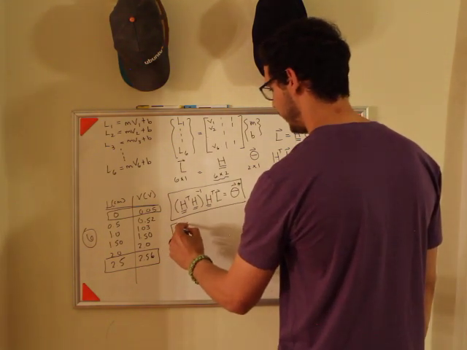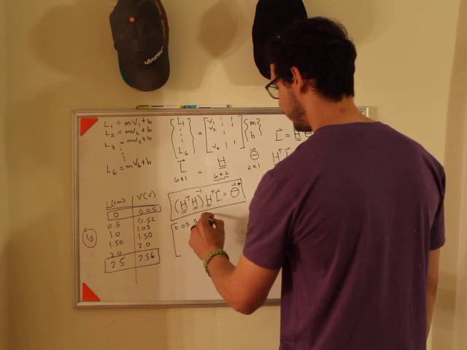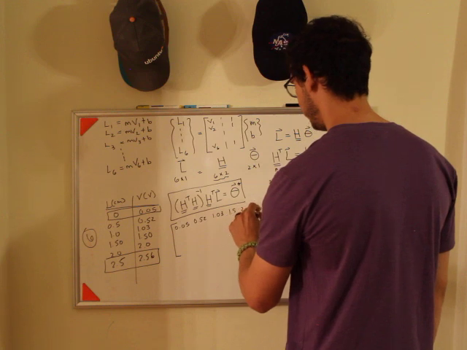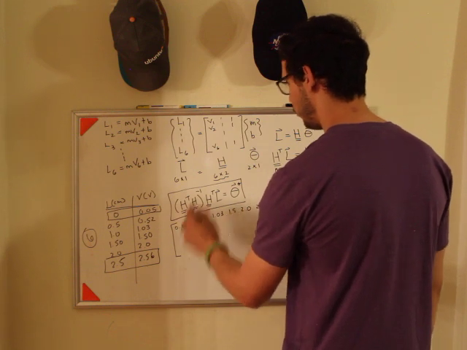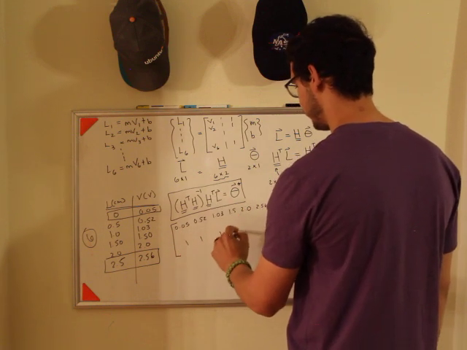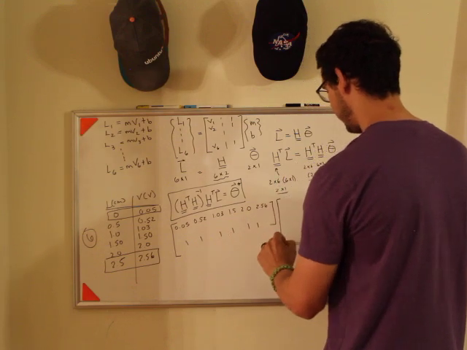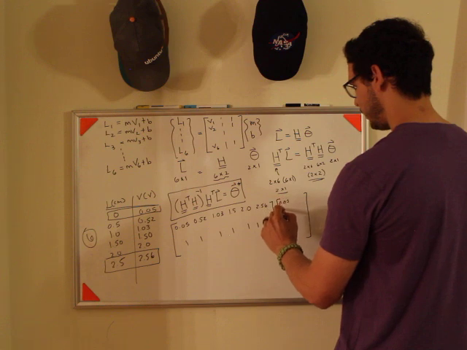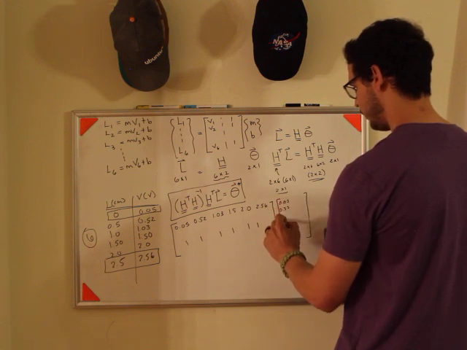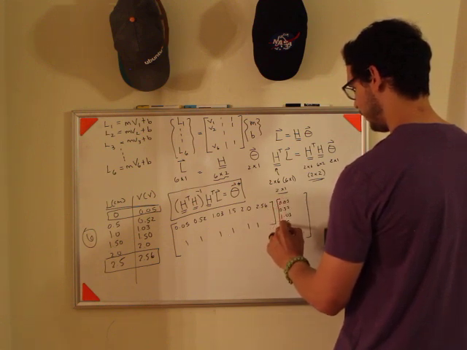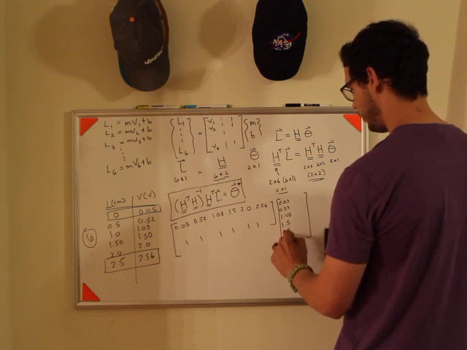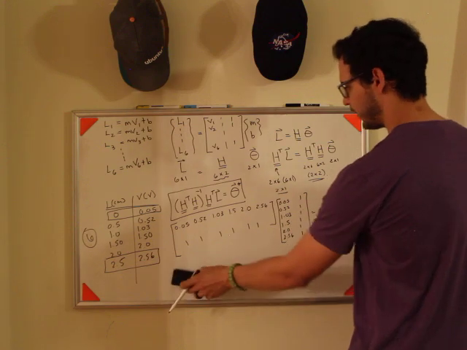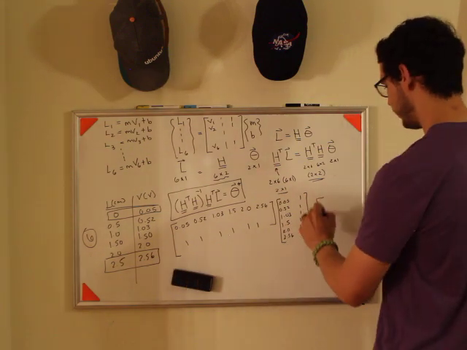So it's going to be 0.05, 0.52, 1.03, 1.5, 2.0, and 2.56. And then 1 is just going to be 1, 1, 1, 1, 1, 1, right? And then you multiply that by H, which is 0.05, 0.52, 1.03, 1.5, 2.0, 2.56, and then 1, 1, 1, 1, 1, 1. And if you multiply this together, you get a 2 by 2, right?